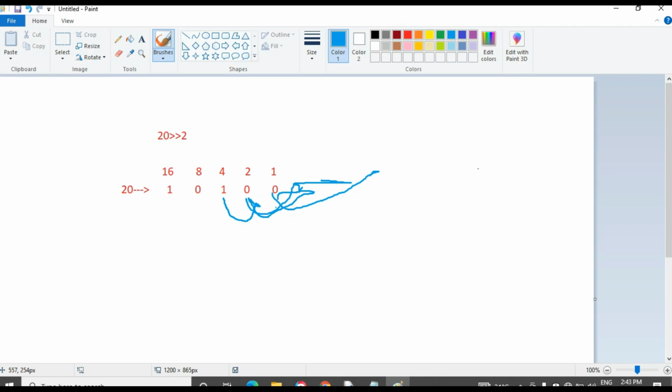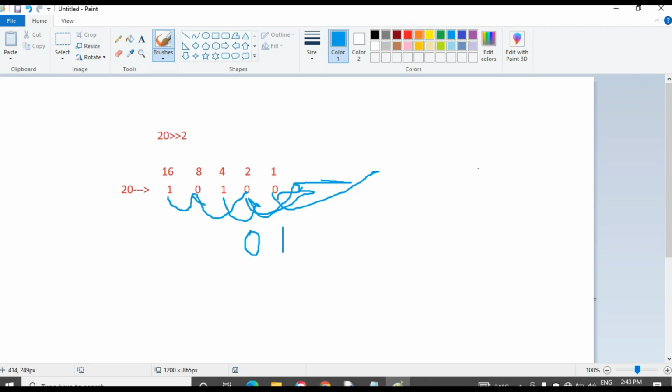So this 1 will come here, and this 0 will be moved into the second position. So at the second position, the 0 will come.